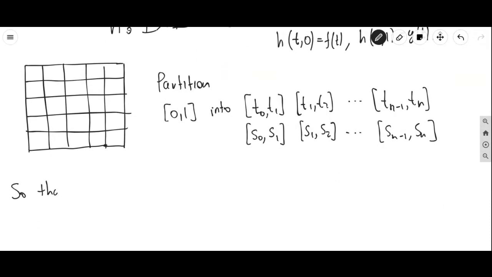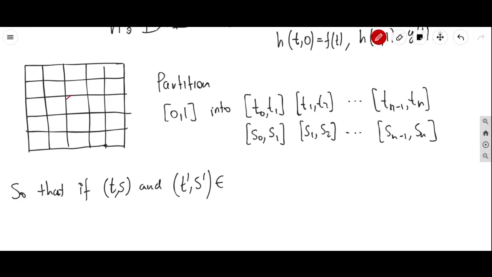So that if you have two points, I'm just going to call these points, for lack of a better name. Well, let me say it like this. If you have T comma S and T prime comma S prime belonging to one of these.